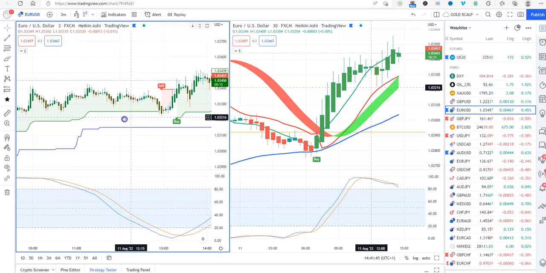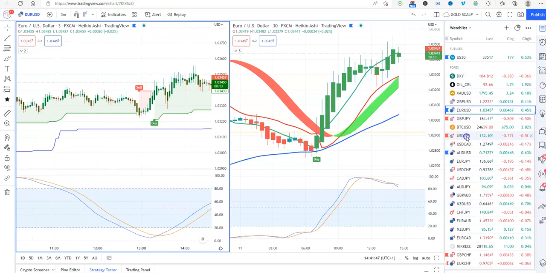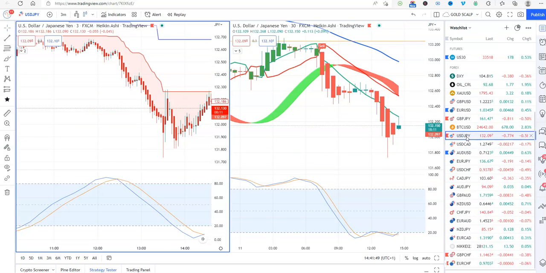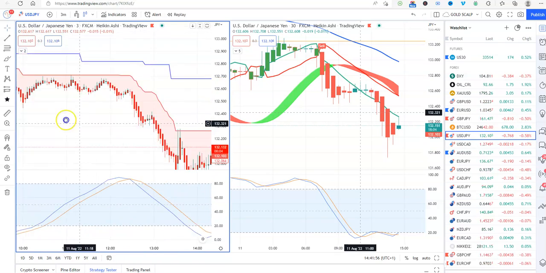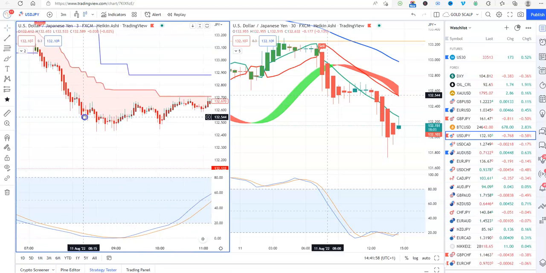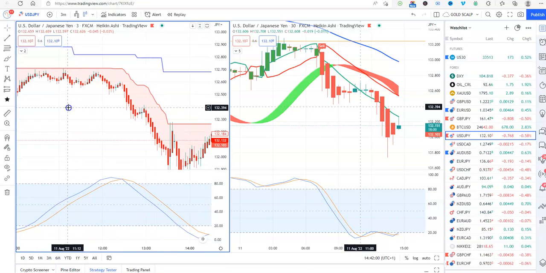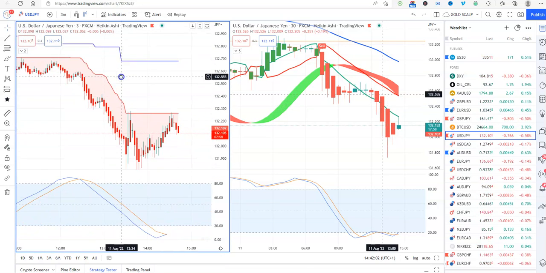Yep. Very easy indeed. Let's have a look at the US yen, see how that looked. So you can see that there. Very easy to see color-wise which way you're going, first of all. You'll never get it wrong, he said.